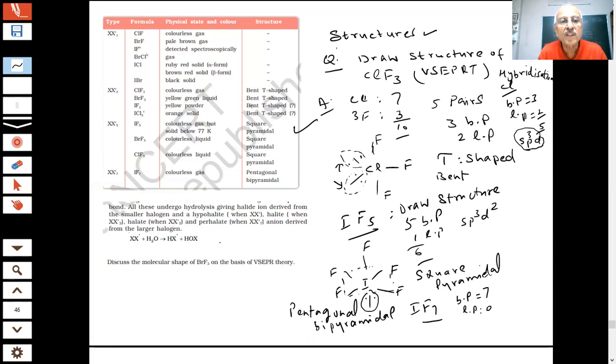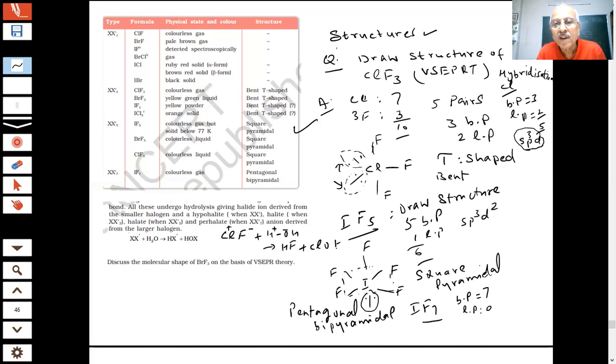are forming, as you can see, the products of hydrolysis. If I have ClF, this is negative, this is positive. If I react with water, this is negative, this is positive, what is going to happen? Negative will go with the positive and this will go with this, plus ClO.